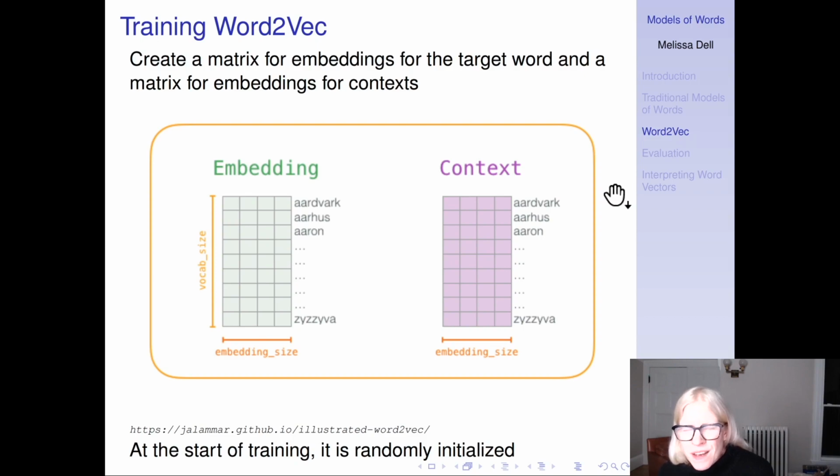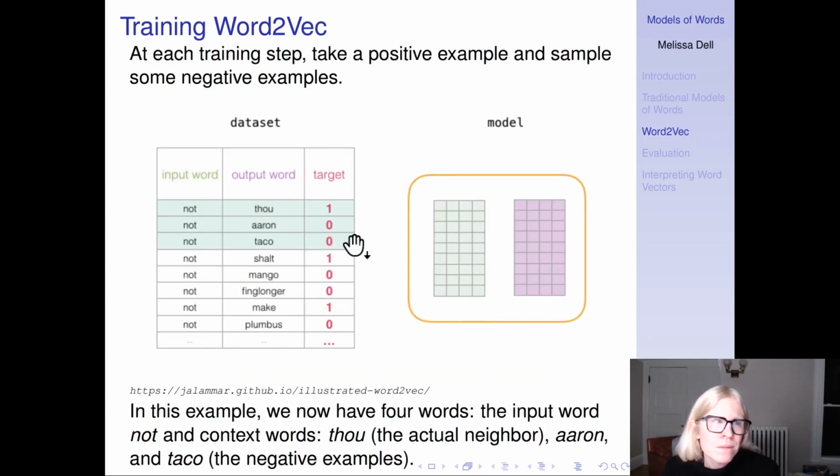I think in Word2Vec, they were typically something like 300 dimensional vectors. And so at the start of training, this can be randomly initialized. By the way, I think they trained Word2Vec on Wikipedia, just for some background. Wikipedia's great because it's all open and it's a lot of text. You might find it useful for your own research as well.